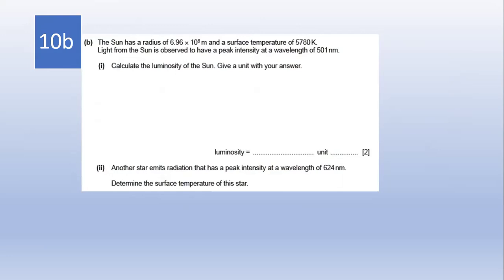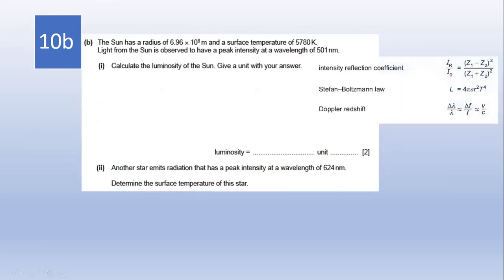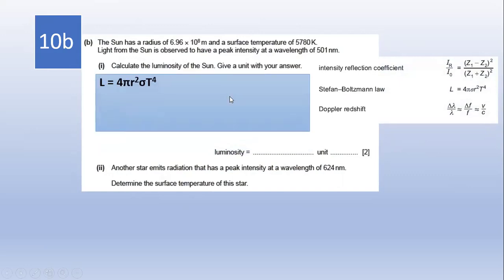L equals 4 pi times sigma, 5.67 times 10 to the power minus 8, from the data sheet, times radius squared times temperature to the power 4. Just substitute in the values.